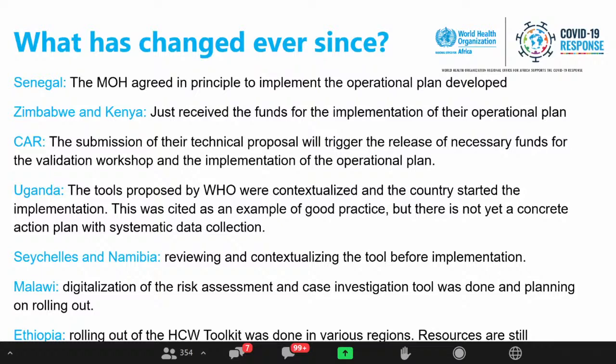But there is not yet a concrete action plan with systematic data collection. Seychelles and Namibia are reviewing and contextualizing the tool before implementation. In Malawi, digitalization of the risk assessment and case investigation tool was done and they are planning the rollout. In Ethiopia, they are working in the field, but resources are still requested for optimal rollout of the activities.